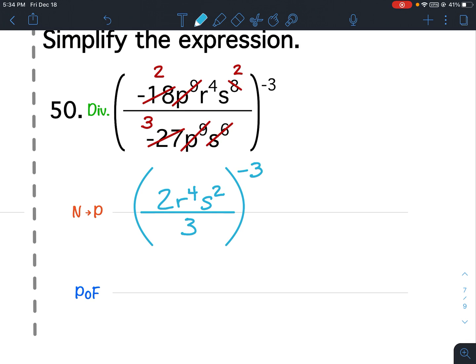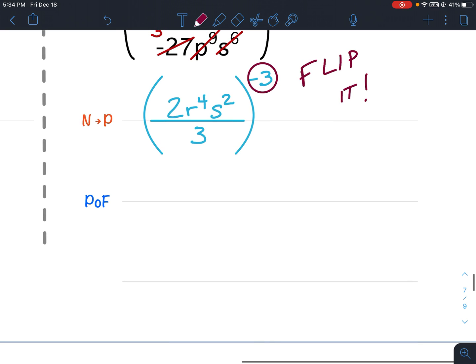All right, now, if you don't remember what the n to p is, that means negative to positive. And that is because I have this negative exponent. So I need to flip it. So now, the 3 will be on the top. And the 2r to the 4th s squared will be in the denominator.